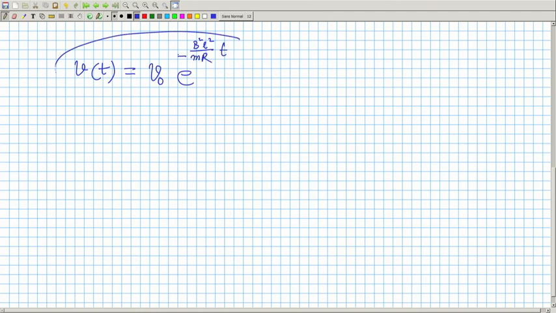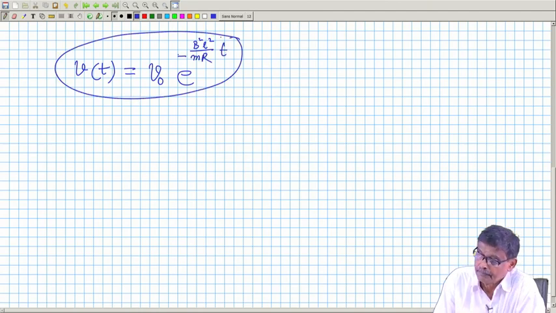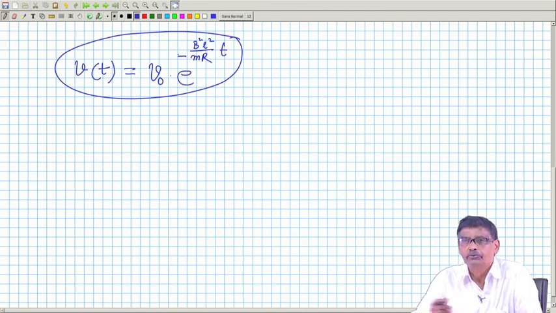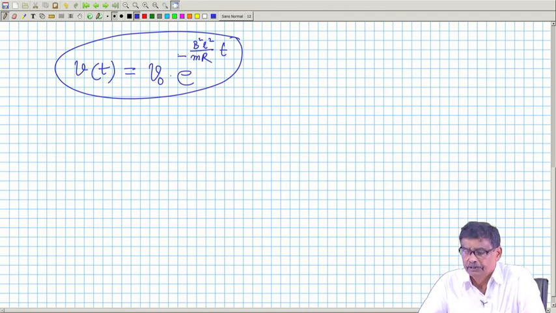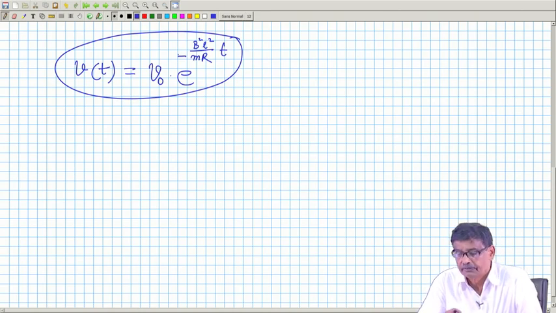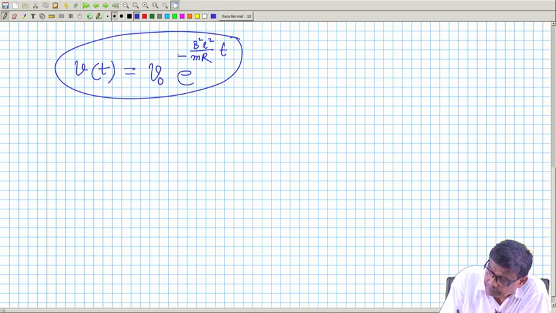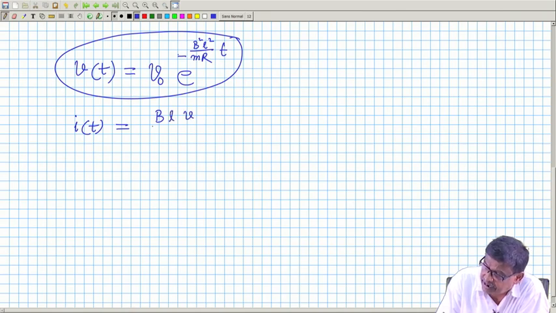This is the thing, and velocity will exponentially decay down to 0 as we were reasoning it physically. So, that is the expression. Then how will current change? I(t) is also very simple, because it is equal to BLV by R. At any time current is this. So, I will put it here.